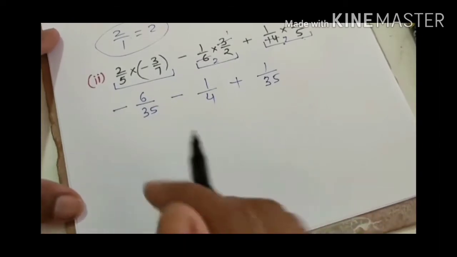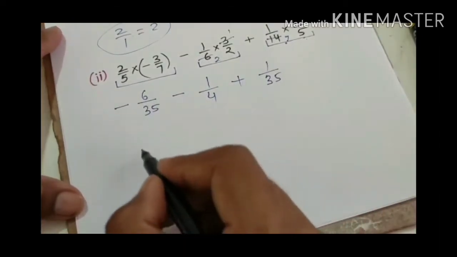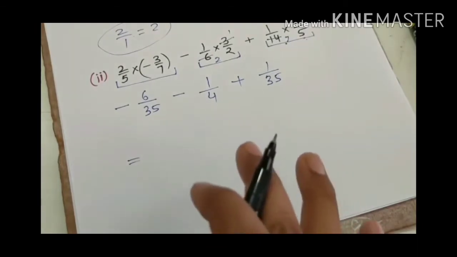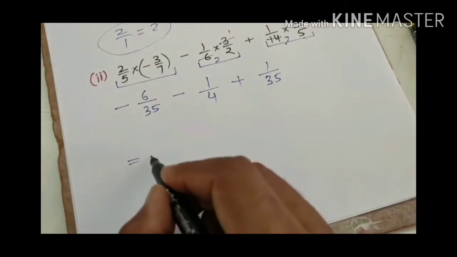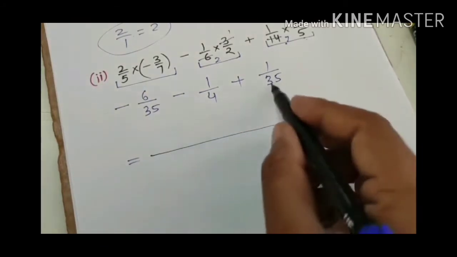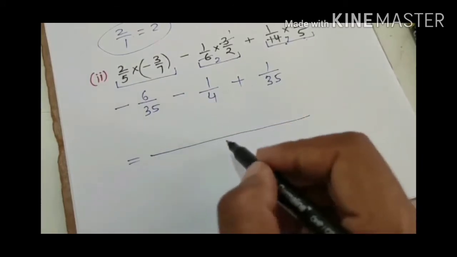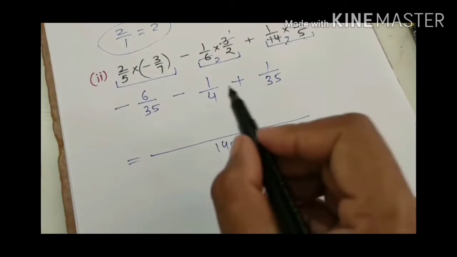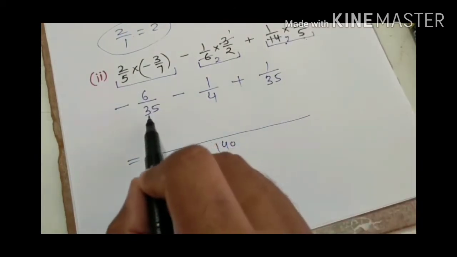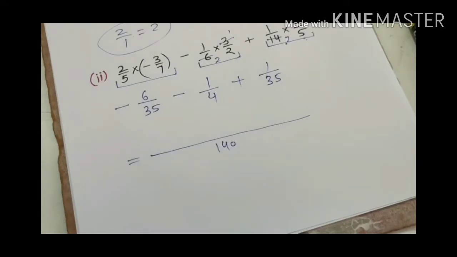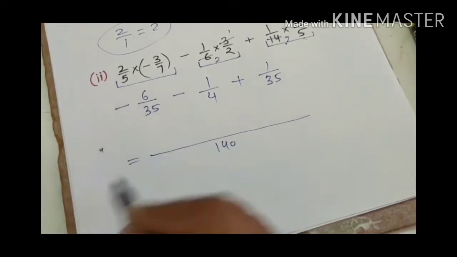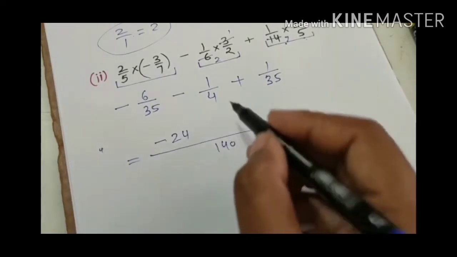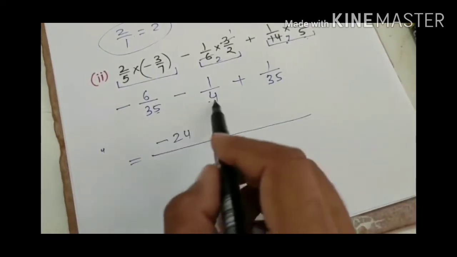Now let's find the LCM, the same thing as we did in the previous question. The LCM will be 140, because 5 and 7 are already there, and you have to find the LCM of 4 and 35. 35 4s are 140. 4 6s are 24.